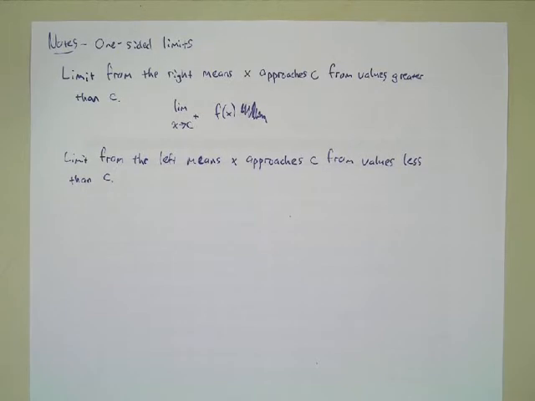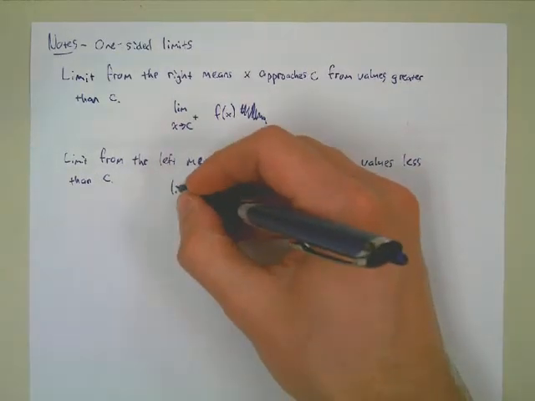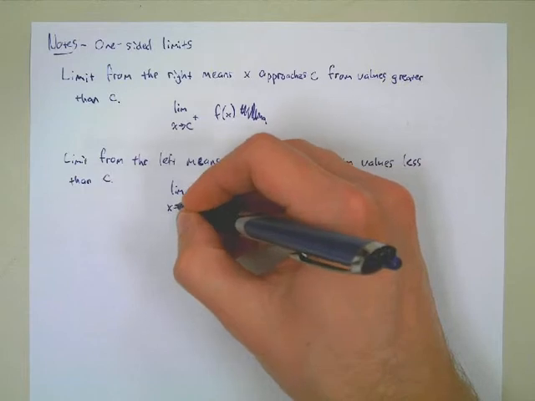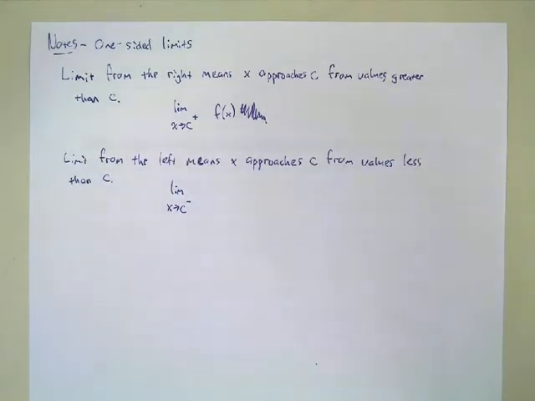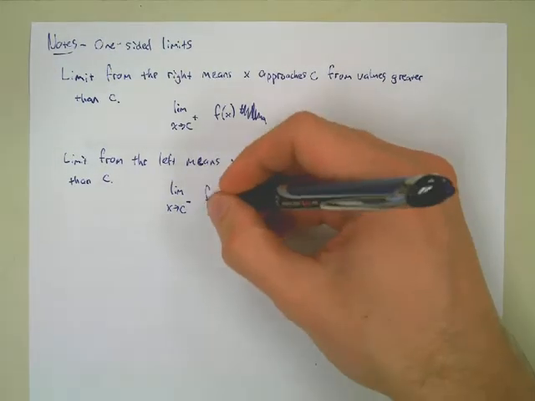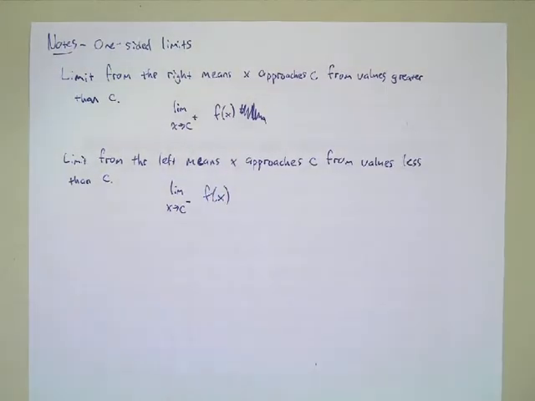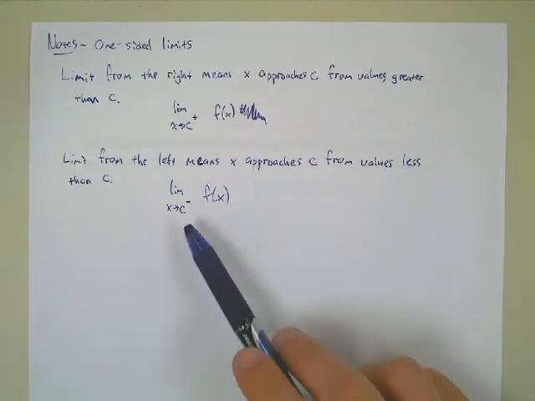And the way we denote that is the limit as x approaches c, and we put a negative sign in the exponent. So be very careful about that. It is very easy for students to get confused with this one especially.